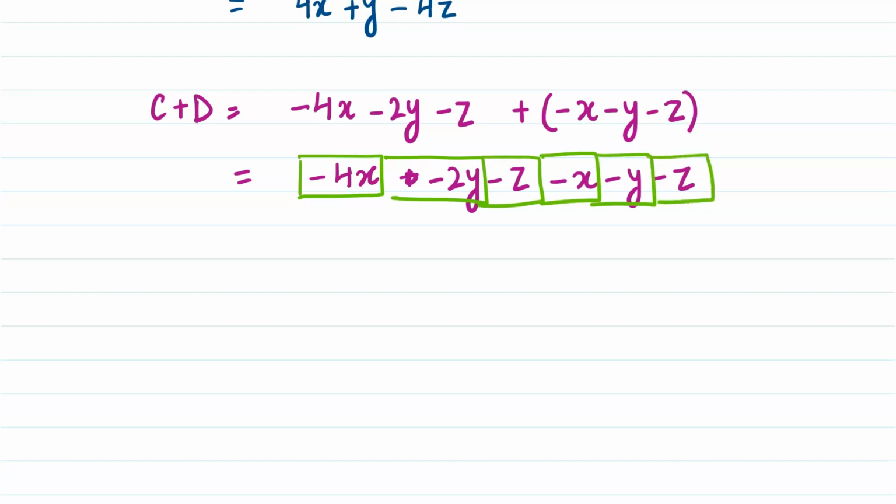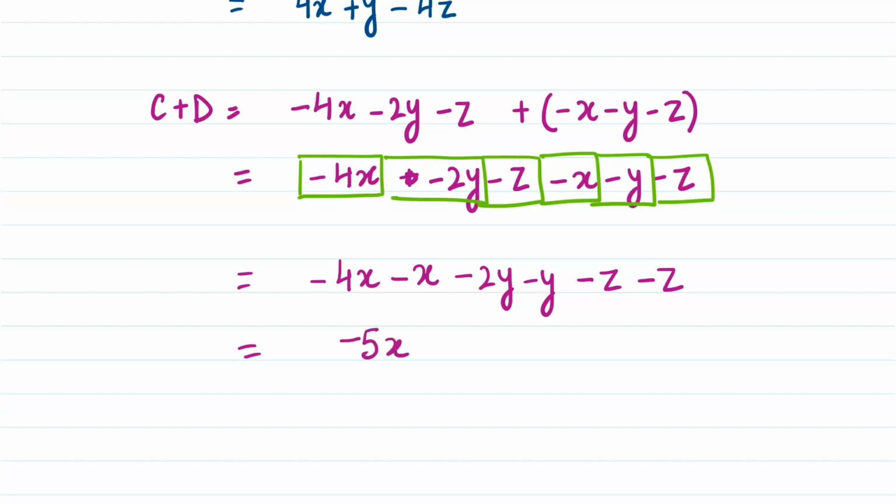So let's bring the like terms together. So we get minus 4x minus x, minus 2y minus y, minus z minus z. So let's simplify. Minus 4x and minus 1 becomes minus 5x, minus 2y and minus y becomes minus 3y, minus z and minus z becomes minus 2z. So this is C plus D.